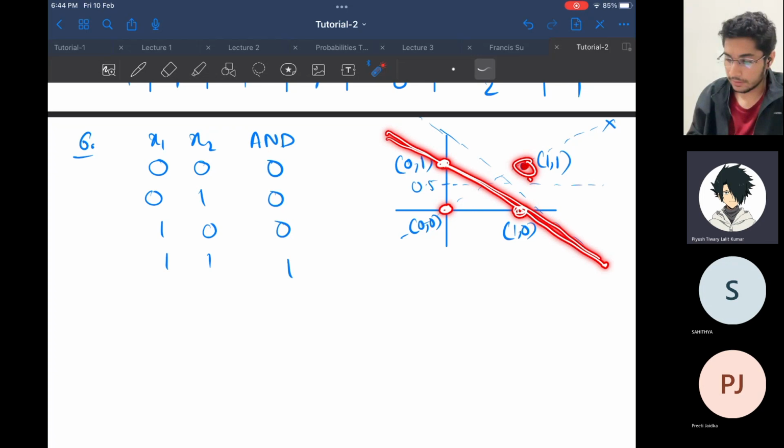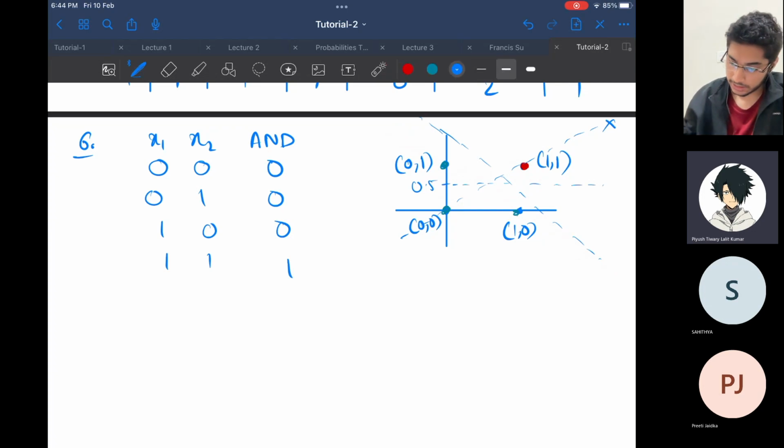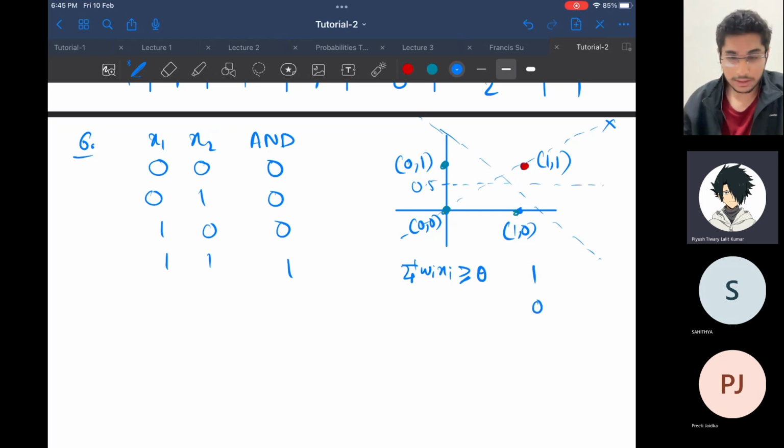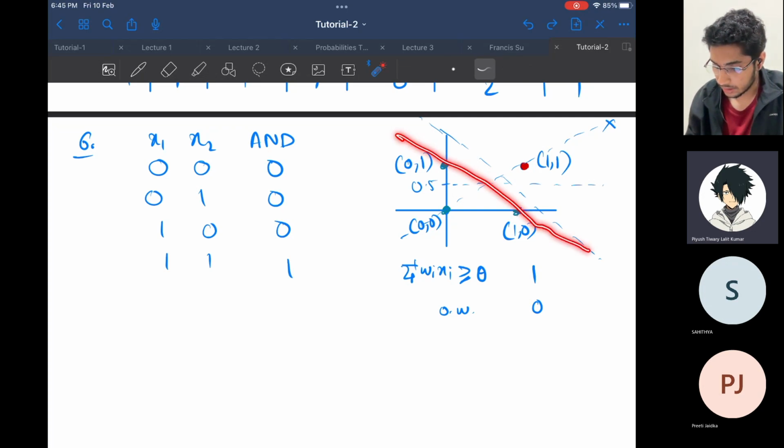However, remember the condition for the MP neuron. The condition was summation wi xi greater than or equal to theta, then the output is 1, and it is 0 otherwise. In this decision boundary, these 2 points will satisfy the equality that is present here, right?